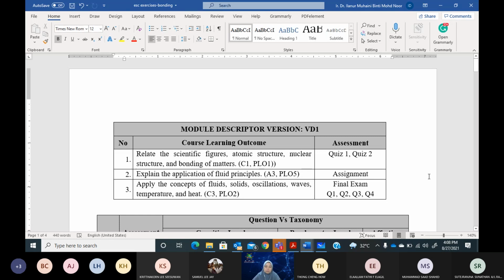Last time, during the non-online exam, students could have the same question as their tutorial question. Nowadays cannot. Similar can, but we must change the figure, maybe change the element.